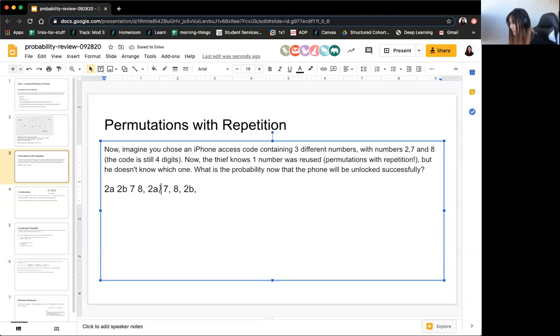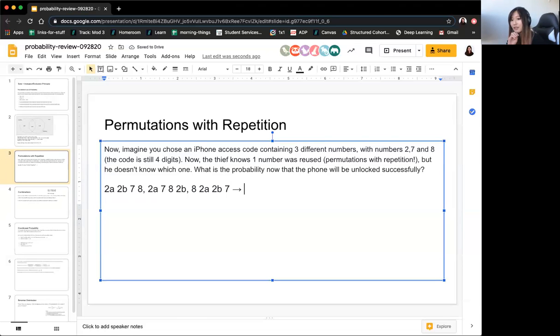Actually, let me not put these commas here. There we go. And then just as another example, maybe there's 8, 2A, 2B, 7. And these are just possible passcodes. Knowing that 2A and 2B are distinguishable, how many different 4-digit passcodes do we have here?